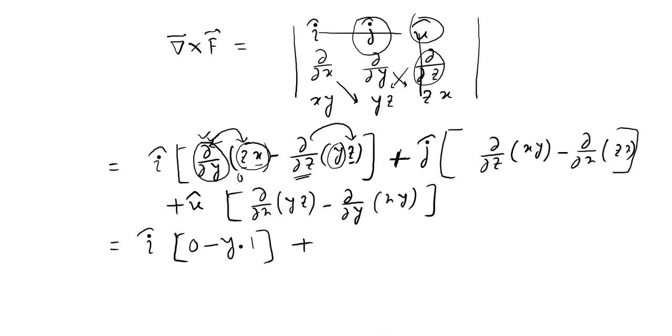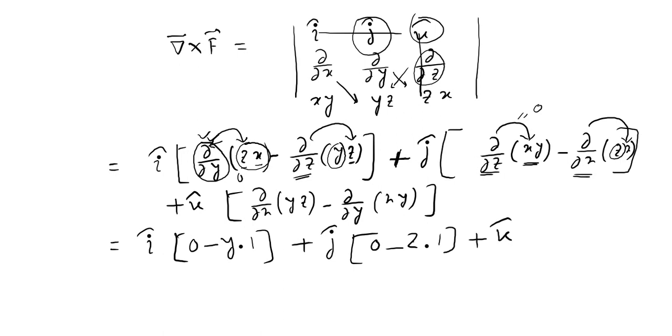So similarly for the j cap term, del del z is here, but there is no z term. So when it operates on this term, it gives you 0. So it takes 0, minus it is del del x. So del del x will operate on the x, z remains as it is. So z into del del x of x is 1, plus k cap. You will get k cap, it is del del x. There is no x term, so it gives you 0.